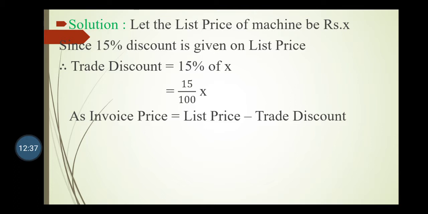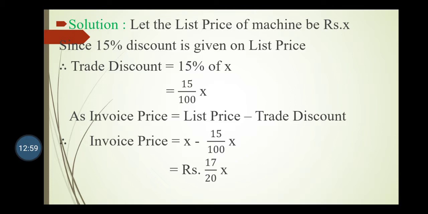So invoice price will be X minus 15 upon 100 X. When we solve this, we get rupees 17 upon 20 X. This is the invoice price.